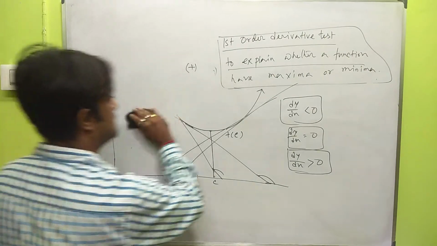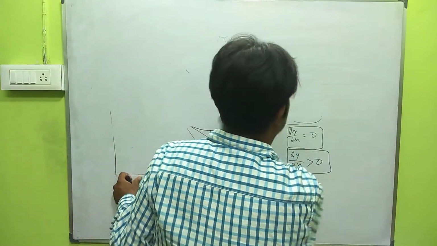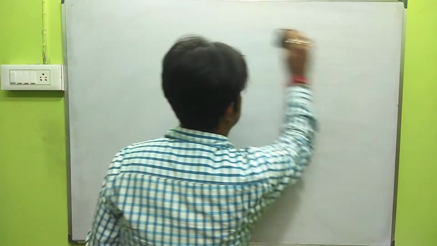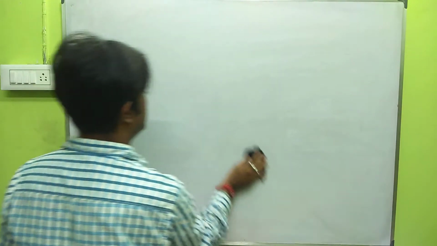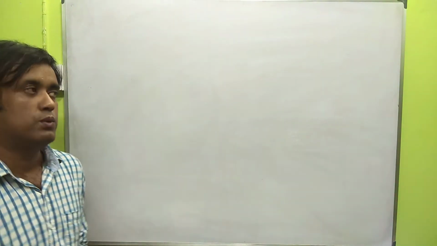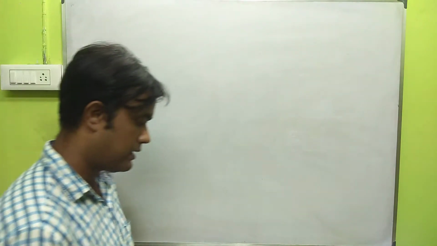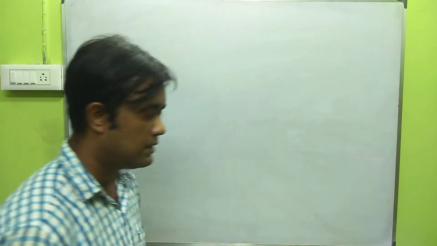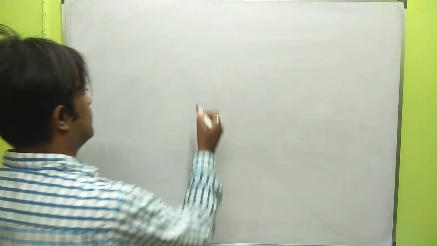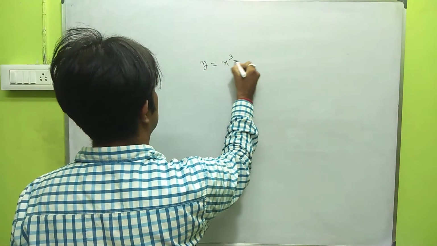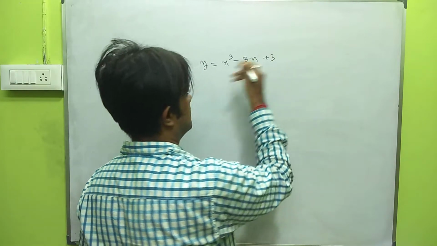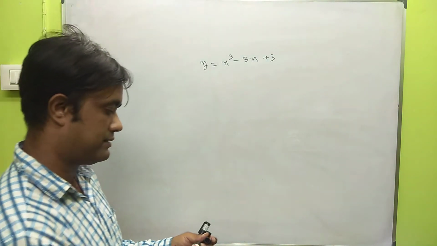So this is the explanation of local maxima and local minima. Now we discuss an example, which is y is equal to x cube minus 3x plus 3.